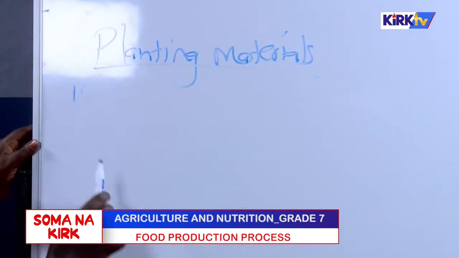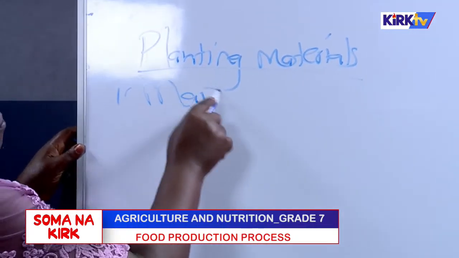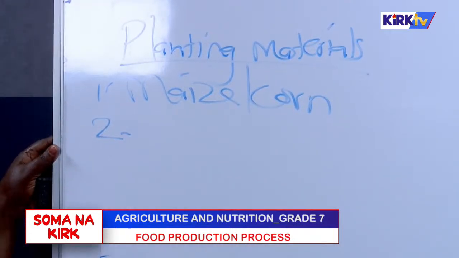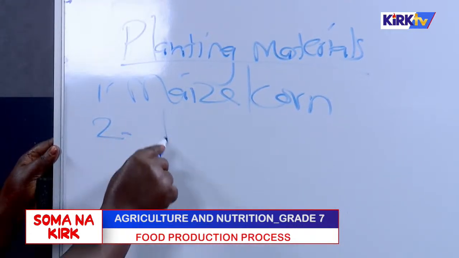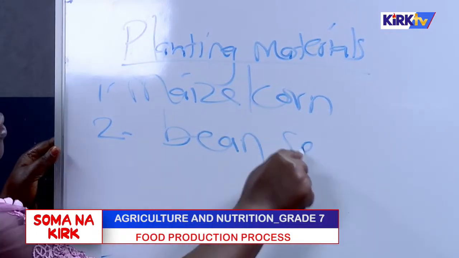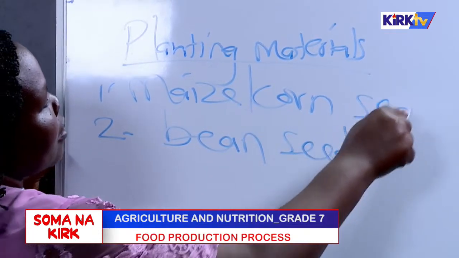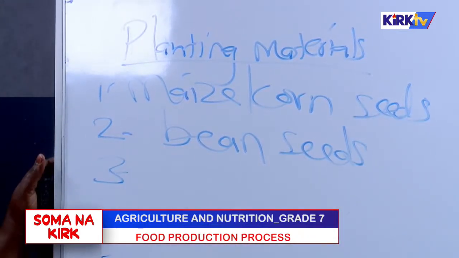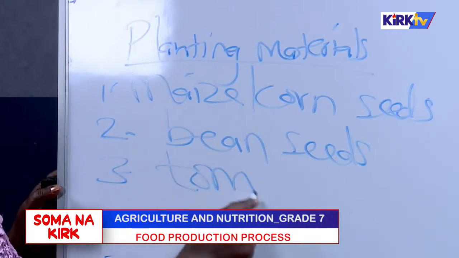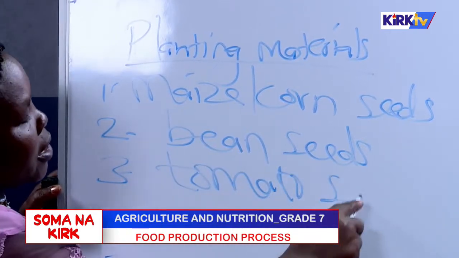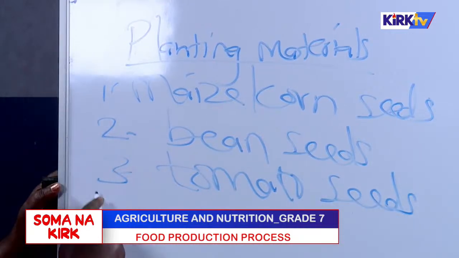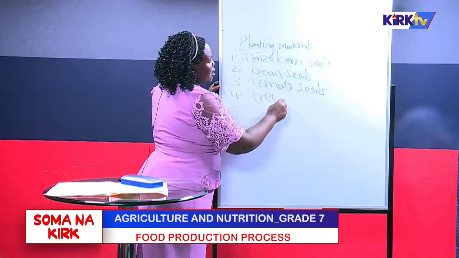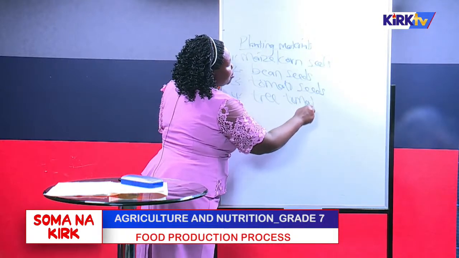I would give you one, maize seeds. Maize, which we also refer to as corn. Then we shall have bean seeds. Then number three, we can have tomato seeds. Number four, probably we can have tree tomato seeds.